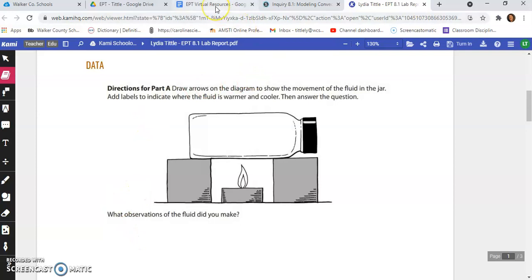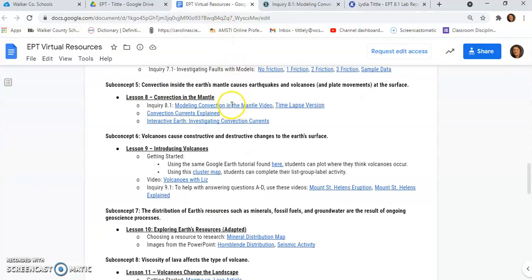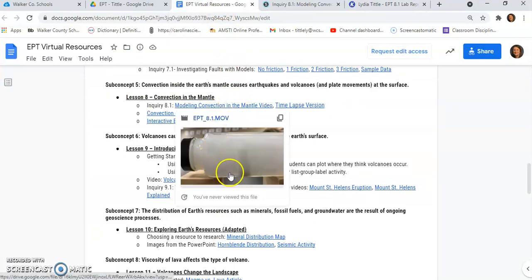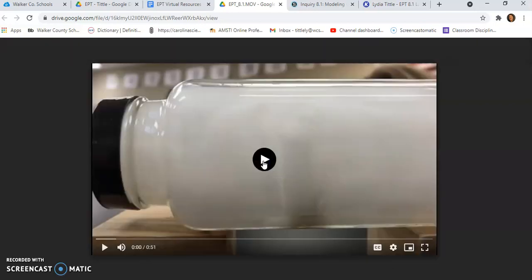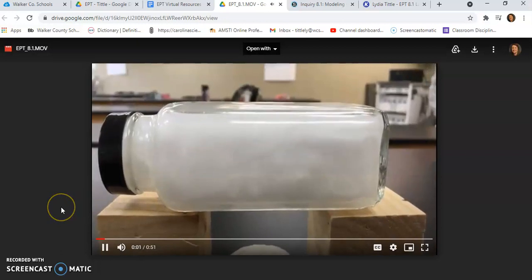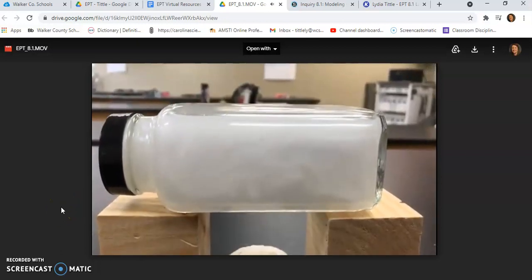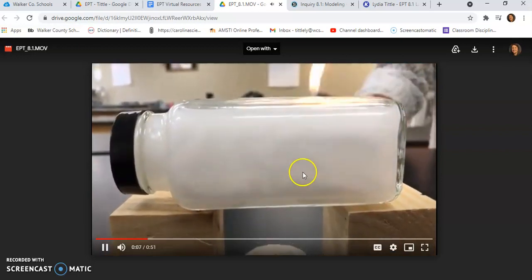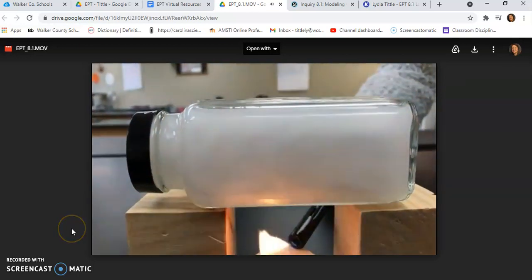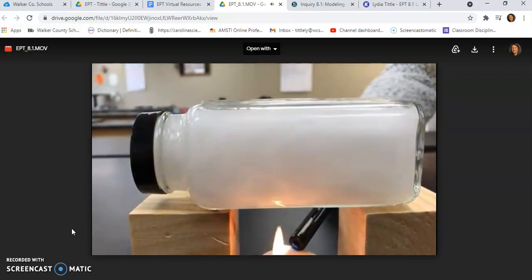So let's watch our simulation or demonstration of this taking place. We're going to watch both a real-time video and also a time lapse. So let's hit play. Okay, if you watch closely, you'll be able to see movement inside here. She's lighting the candle now.